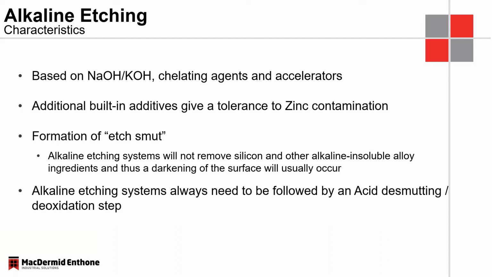And this will create this very dark gray, almost black smut, which needs to be removed in the deox process or the desmut process. And that's why for any sort of alkaline etch, we need the subsequent desmutting and deoxing processes.